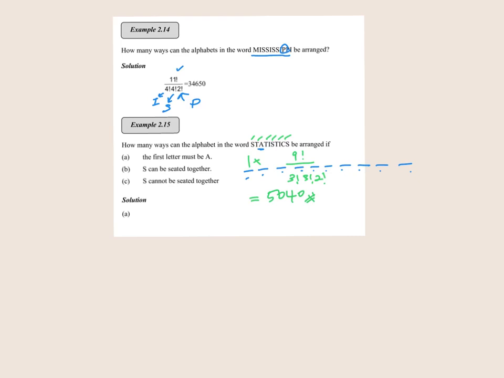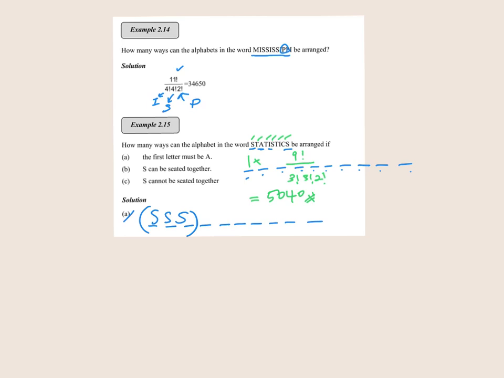Okay, let's try B. S can be seated together. So you have 3 S. Let's assume we have 10 letters.